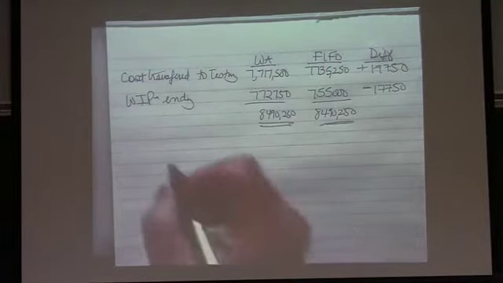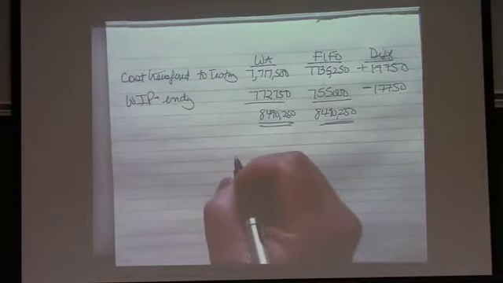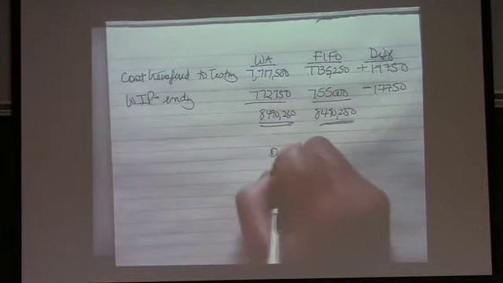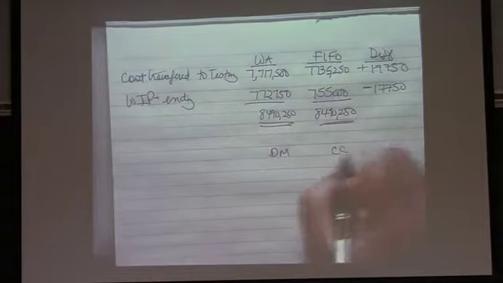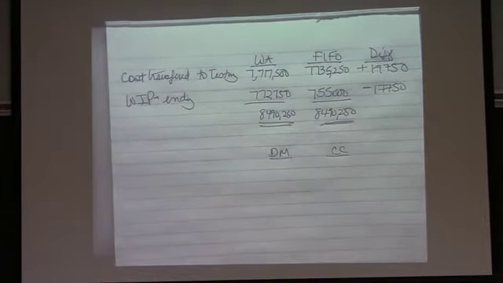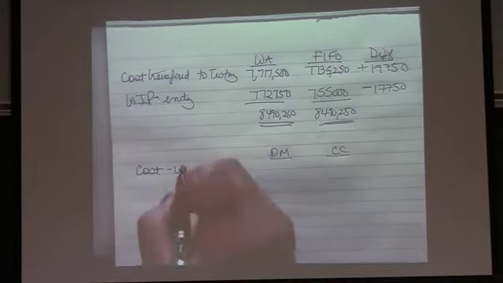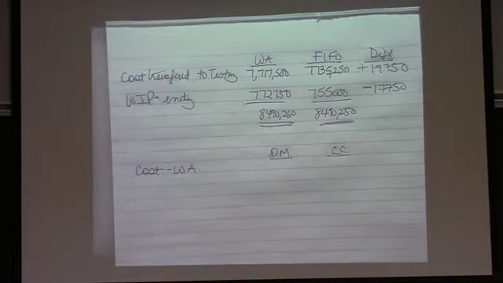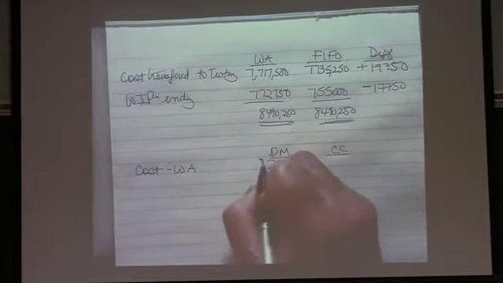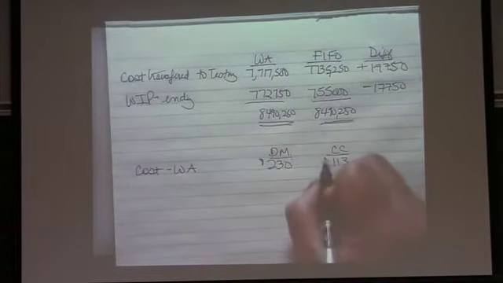So we know that the direct materials, for the cost using the weighted average method, you'll see that that cost, the direct material, is $230 and $113.